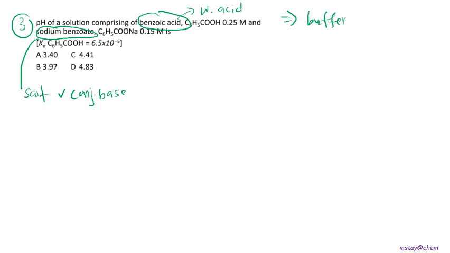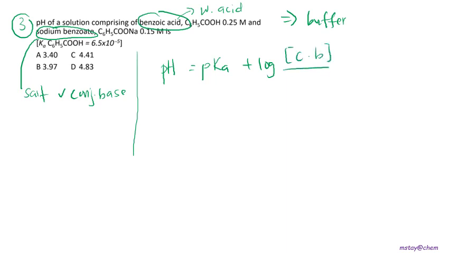And since it is an acidic buffer solution, we can use the Henderson-Hasselbalch formula, pH equals pKa plus log of concentration of conjugate base over concentration of weak acid.